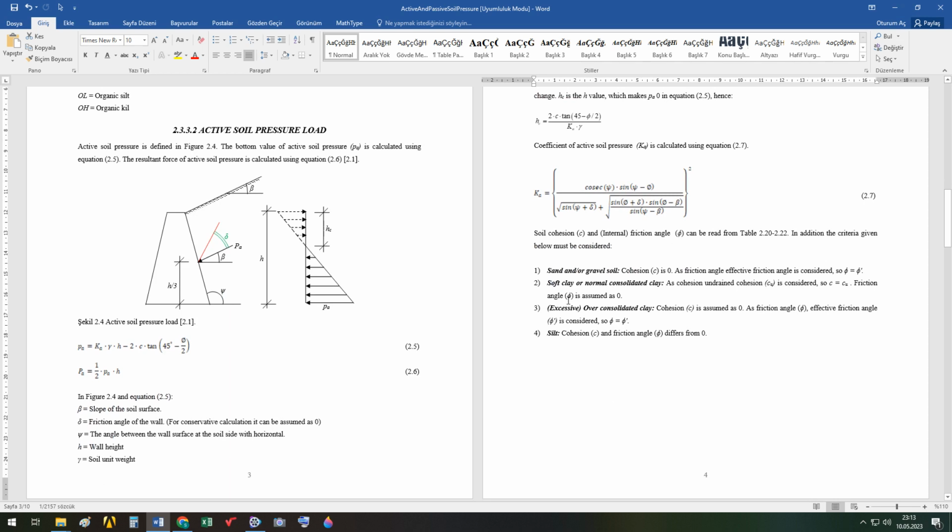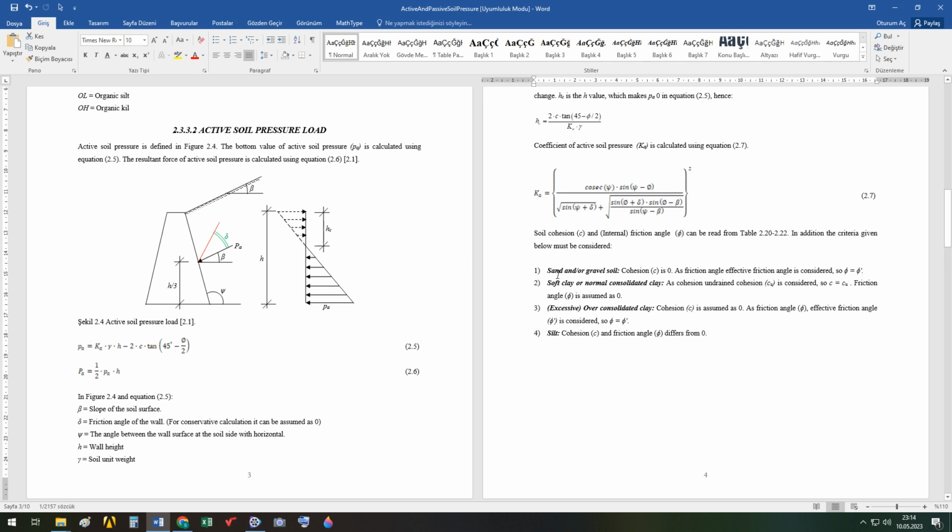And so when you are obtaining cohesion and internal friction angle, you can take these explanations as a guide. For sand or gravel, which are cohesionless soil, cohesion is 0. Friction angle is considered for effective stress situations.